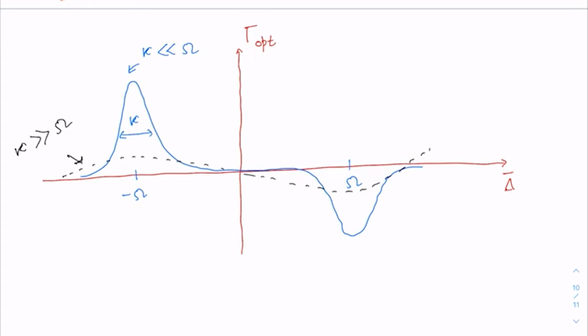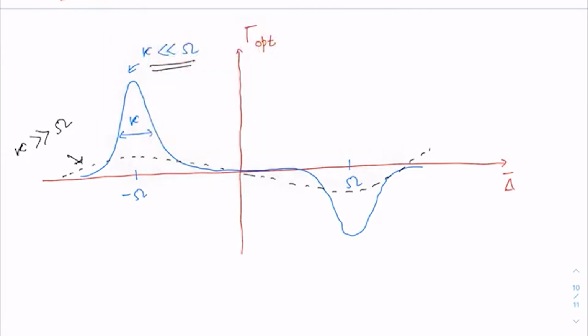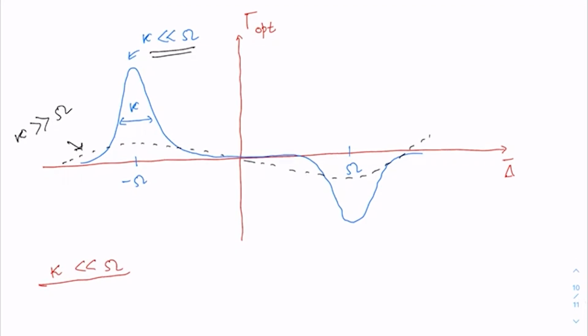Now let me explain what these two plots physically mean. Particularly this one is very important for us, kappa much smaller than omega. I'm going to discuss the case kappa much less than omega. Here, if you see from this plot, for delta bar equal to minus omega, we have positive damping.